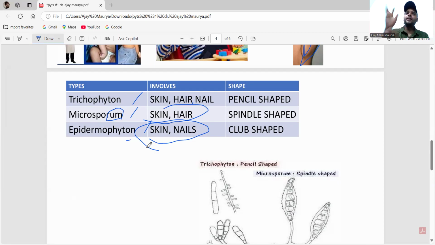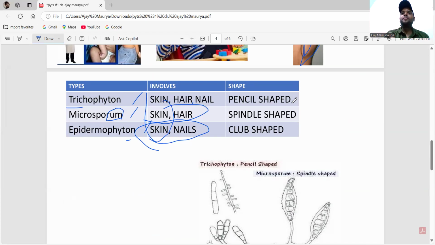Epidermophyton, you have to fight with the nails, so skin and nails. Tricho means three, so all three: skin, hair, nails. Skin is common for all.